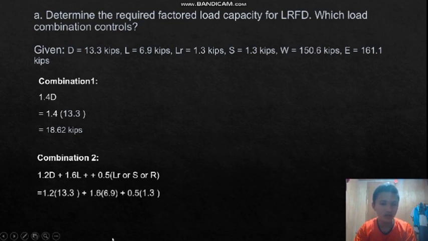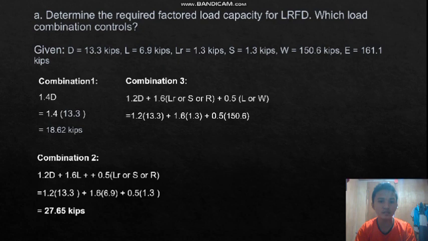Dito ginamit natin is the LR or the S or R since they have the same value, and by calculating we can get 27.65 kips.